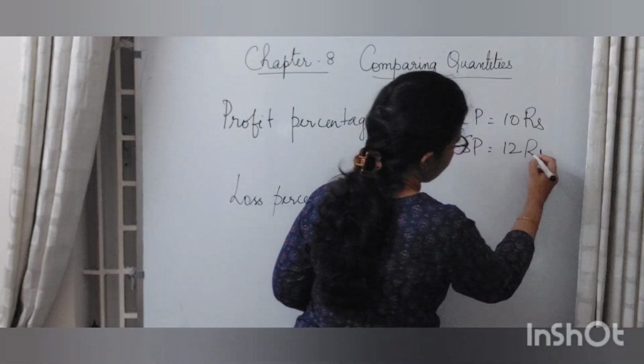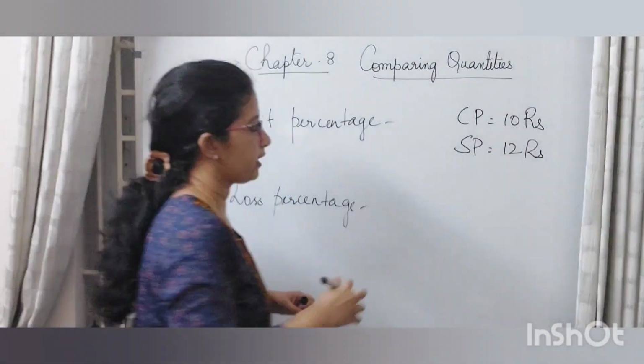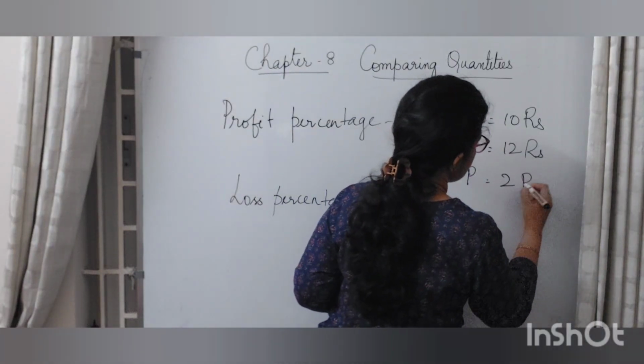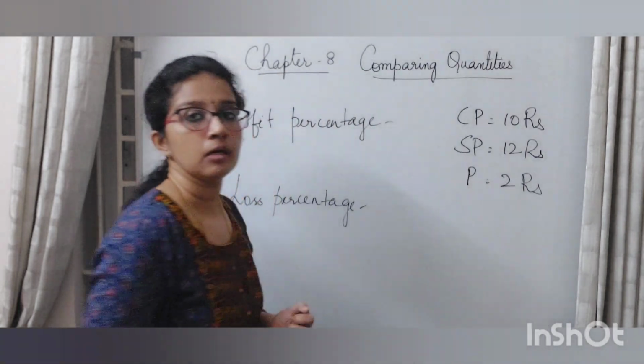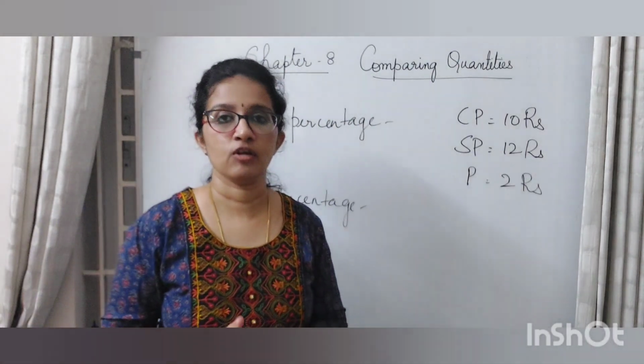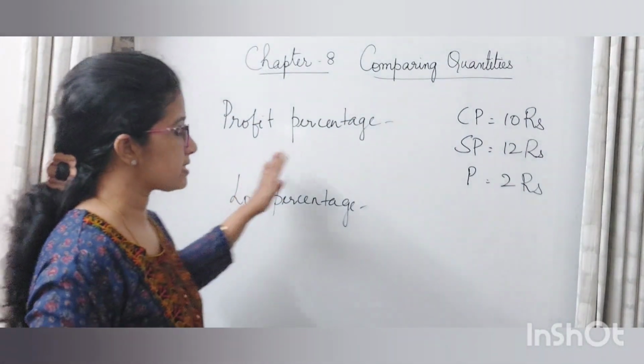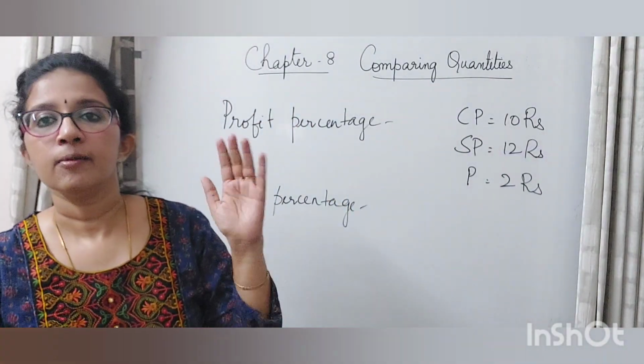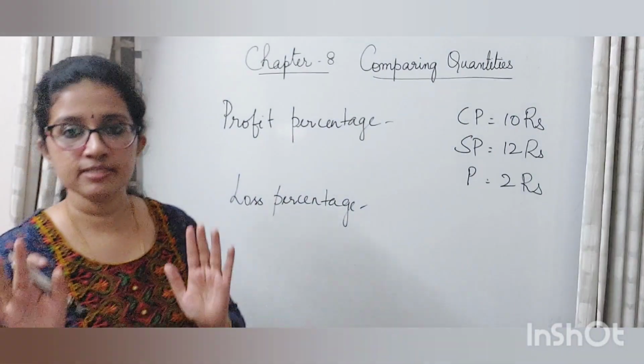He sold the biscuit for 12 rupees. And the profit is 2 rupees. Now we have to calculate the profit percentage. So profit percentage or loss percentage are always calculated based on cost price. So just keep this in mind.